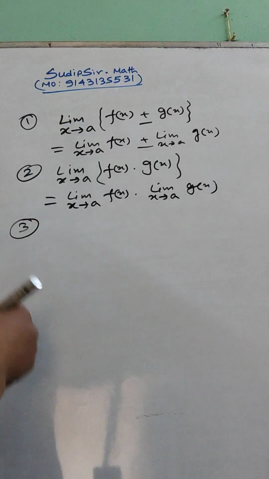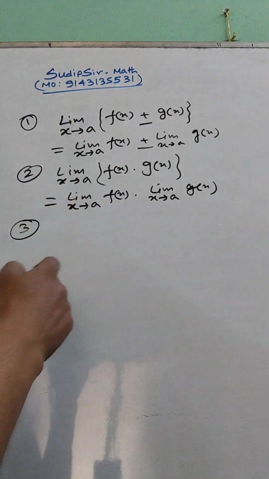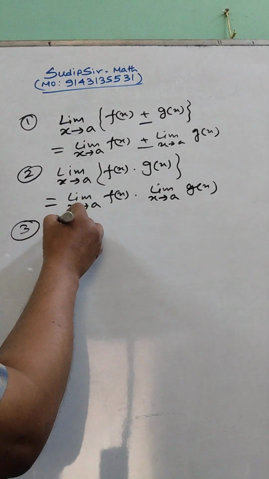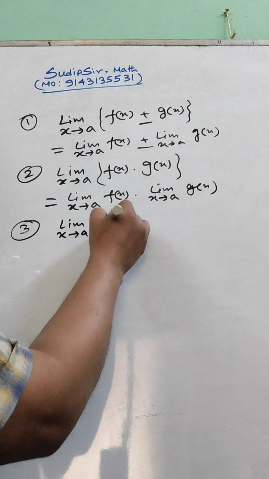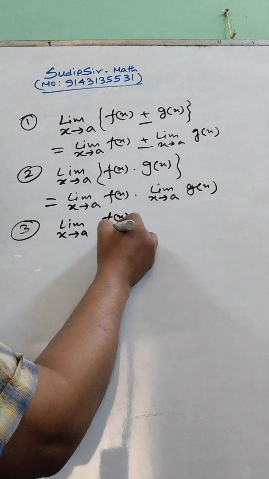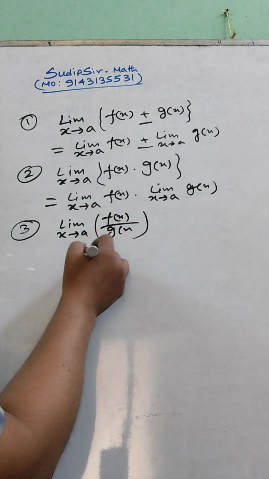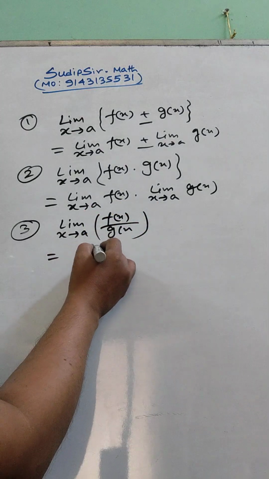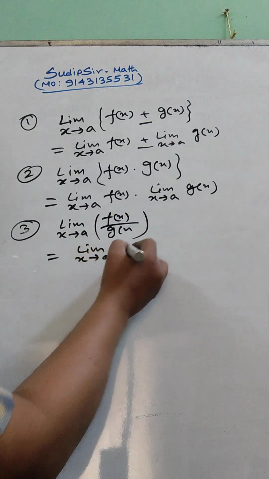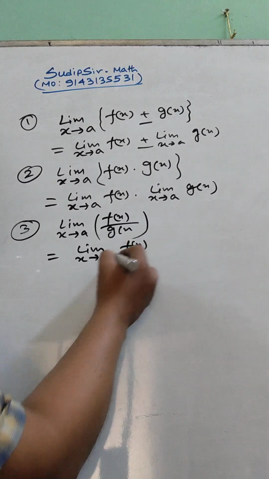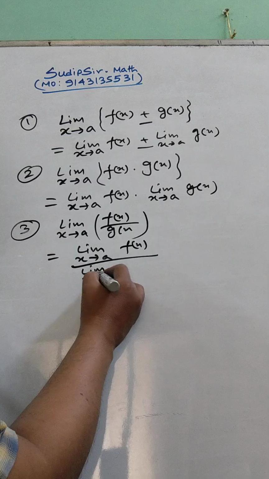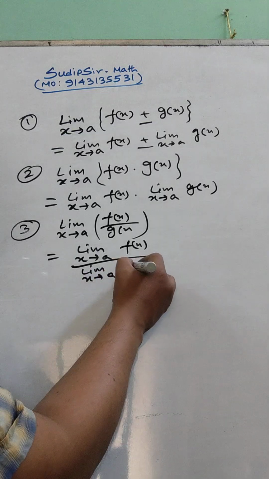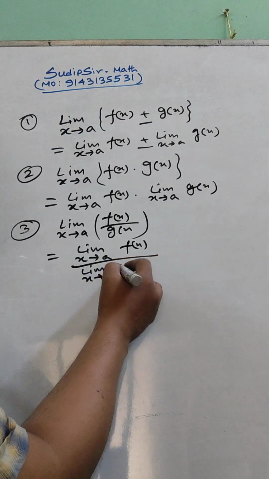Number 3, if it is a division, limit x tends to a of f(x) by g(x), then you can separate it: limit x tends to a of f(x) by limit x tends to a of g(x).